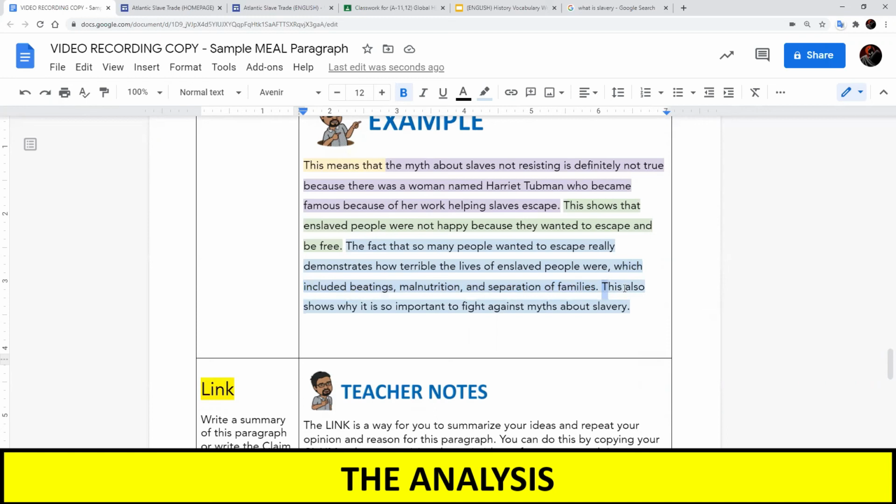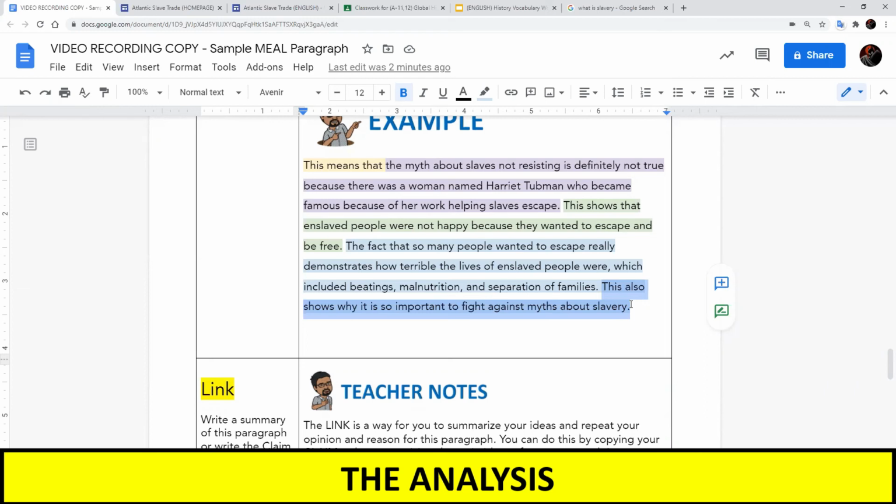And maybe you want to ask the question, like, why are we doing this paragraph? Why are we focusing on this topic about myths? This can also be your opportunity to give details about that, in your own words, to explain, hey, why are we talking about this? Why is this discussion important? And if you do that, I think that really shows that you're thinking about the class and thinking about why we study history.